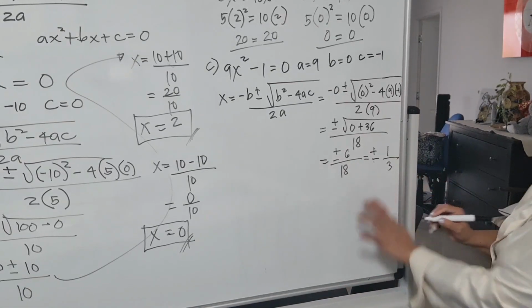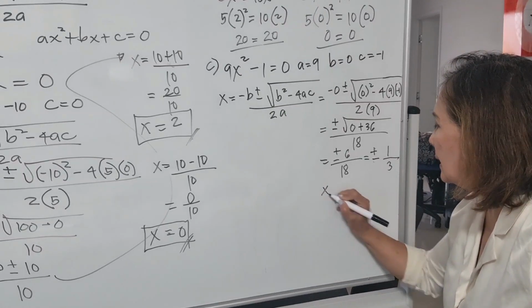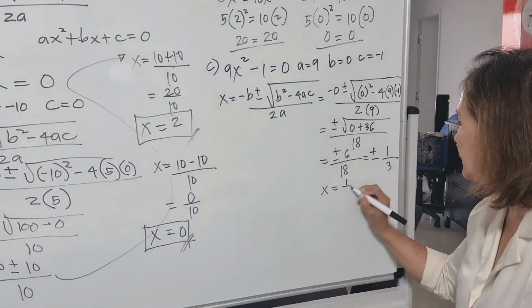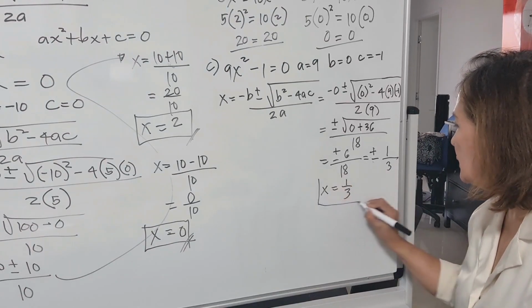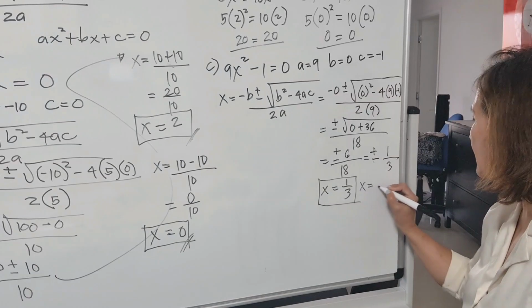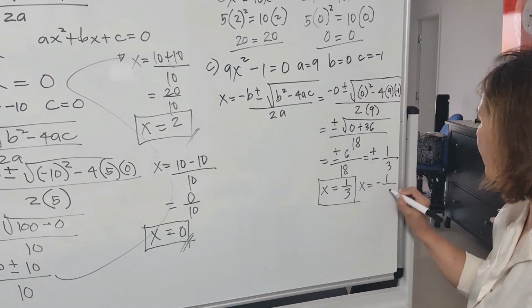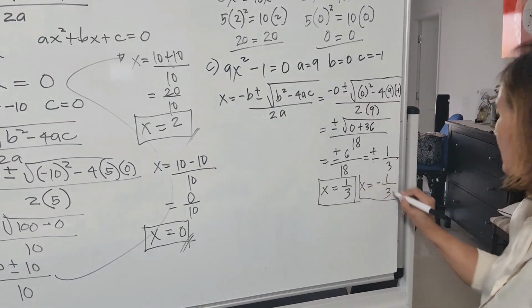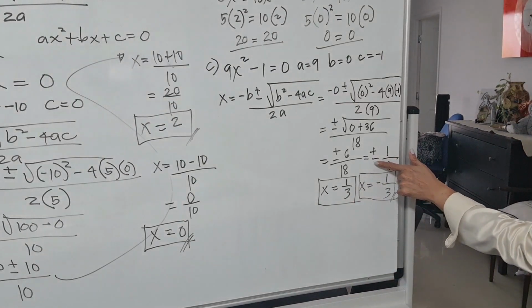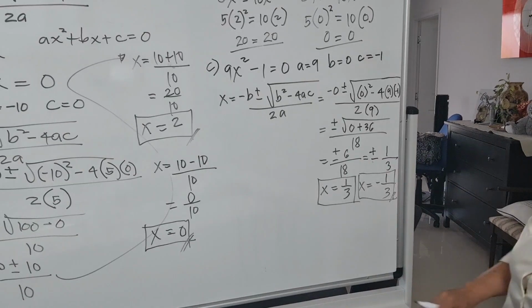So therefore we have our x equals to positive 1/3, either positive 1/3 or x equals negative 1/3. So we take that from here, plus or minus 1/3.